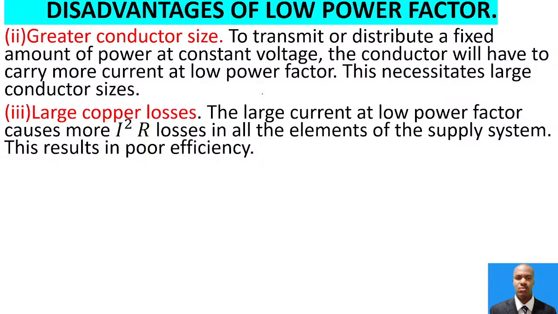So at a very low PF, there will be an increase in current, which results in more losses, and this reduces the efficiency of the system.